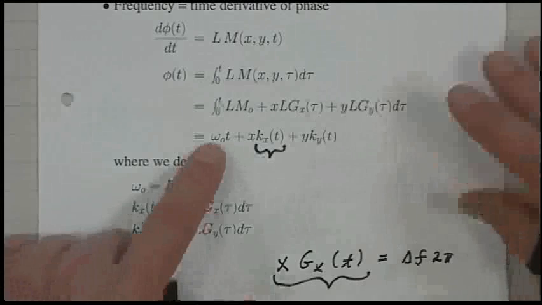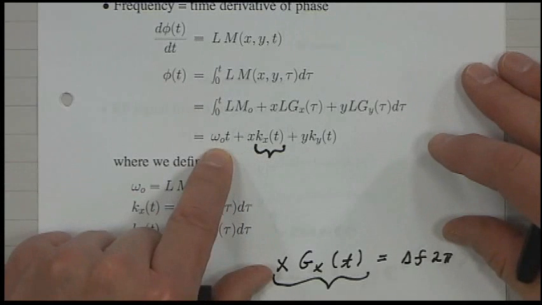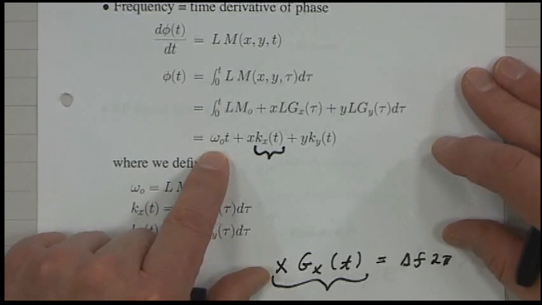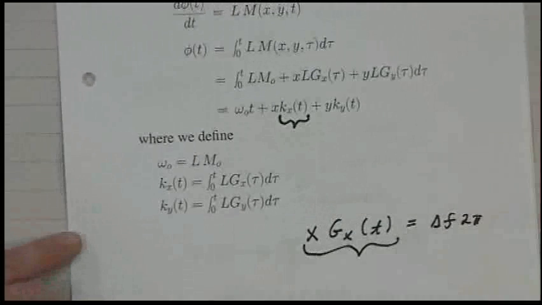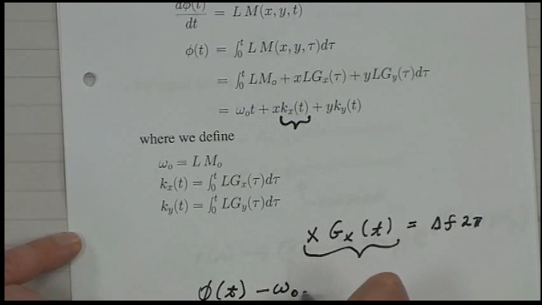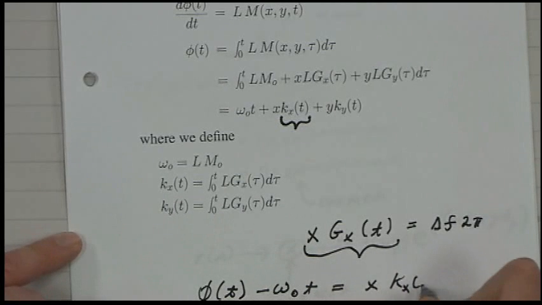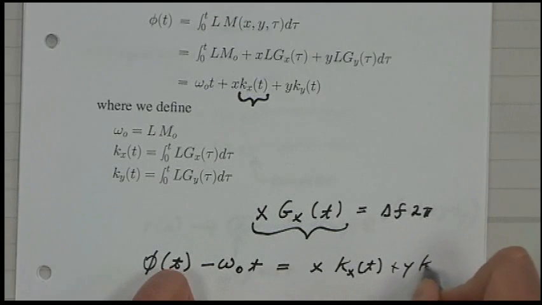If you look at this phase term, first of all, it has a term associated with the integral of the product of time and the center frequency. So if you take phi of t minus omega 0 t, you get x times k_x of t plus y times k_y of t.